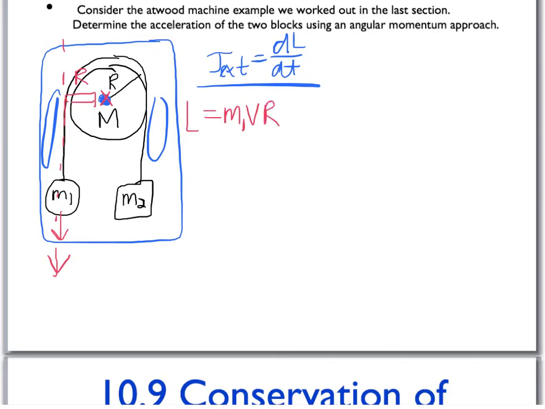So we have an m1 vr. For object 2, also its line of motion is a distance r away from the pivot point, and therefore its angular momentum would be an m2 vr. Again, they'd be moving at the same velocity since they're connected by that string.